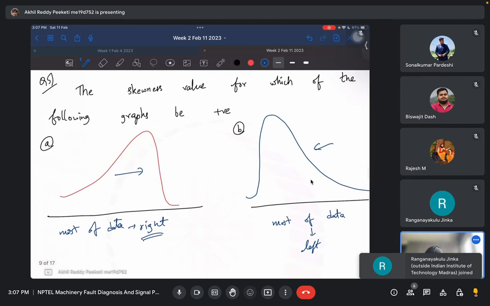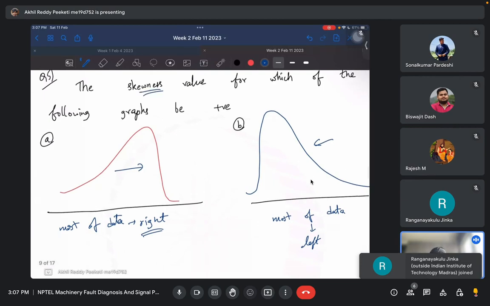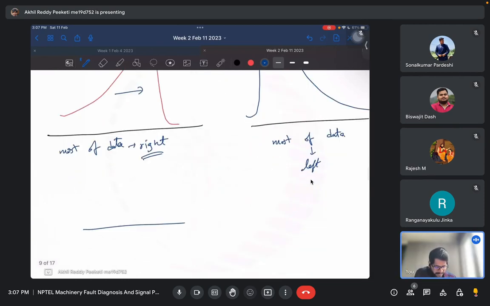So skewness is a measure of the symmetry of the graphs. If the graph is perfectly symmetric, then the skewness would be 0. A perfectly symmetric graph doesn't have any skewness.